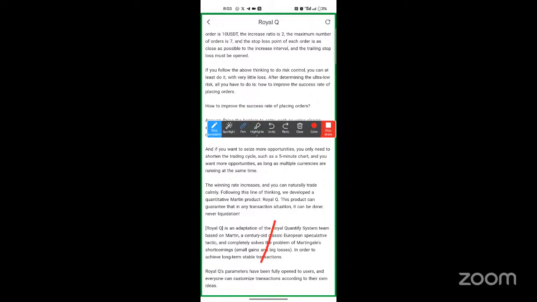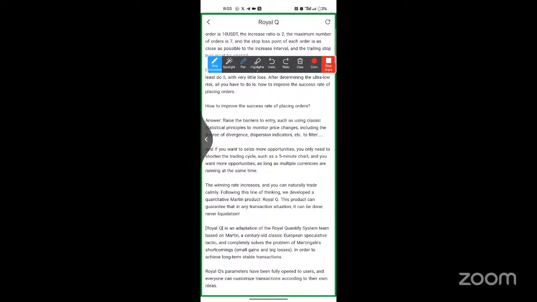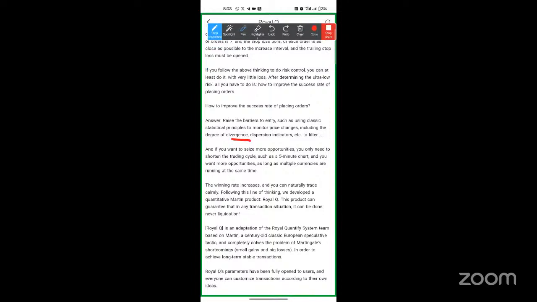You improve. How do you improve? Having understood that when the robot buys, it never sells at a loss. That is the intent. The robot will never sell at a loss.